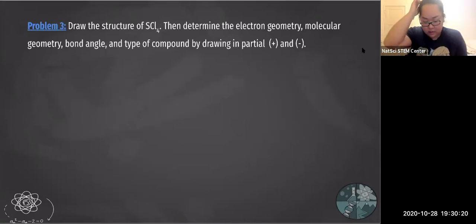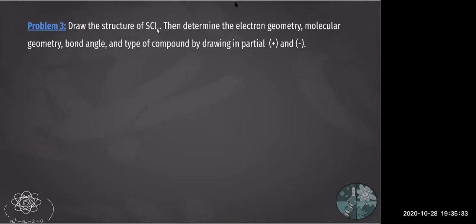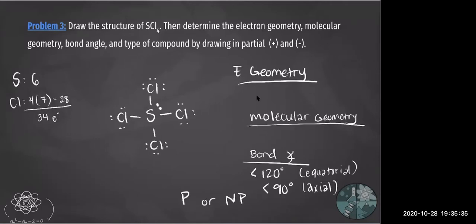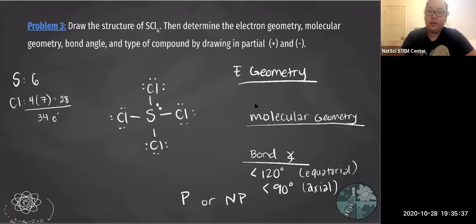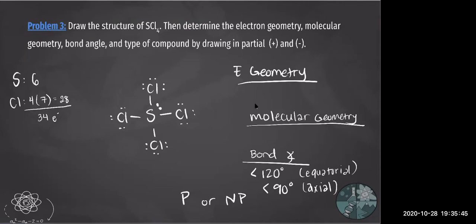So this one, 735 for SCO4. Okay, so I'm going to just share my screen and show you guys what I have so far. Did you guys get the same number of electrons in the structure? Yes.